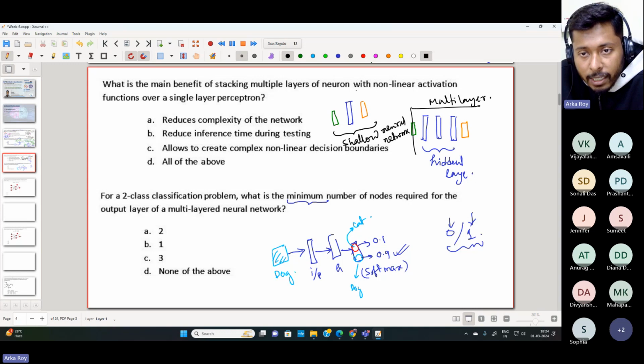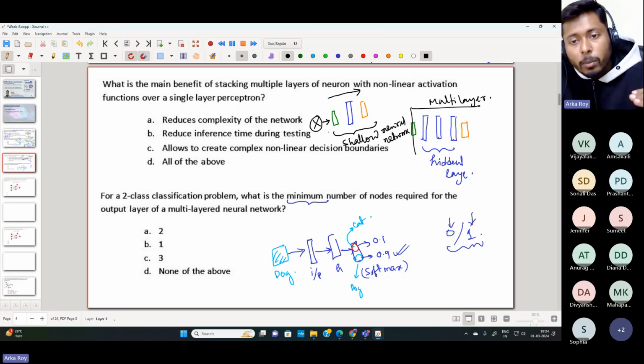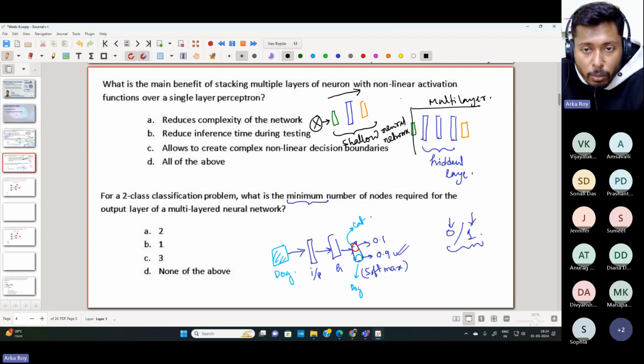Both these networks use the concept of feed forward mechanism. Feed forward mechanism means that if you have an image or input data, you feed that input data and it is propagated in the forward direction to get the output. This mechanism is applicable for every neural network.